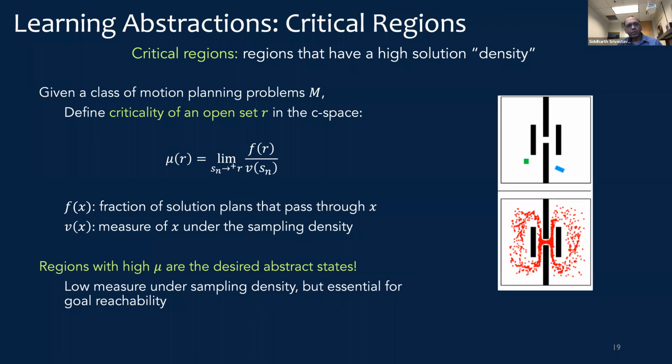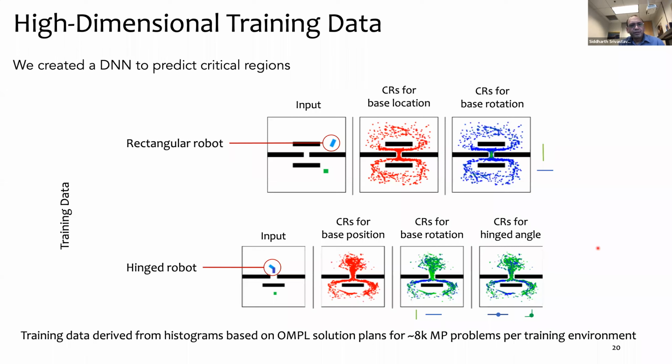So armed with this definition for critical regions, what we did was generate a bunch of training data for small environments. So here we're seeing some training data for the rectangular robot. One thing to keep in mind is that these are high dimensional robots, in the sense that even though that looks like a 2D image, you've got to specify X, Y, and theta.